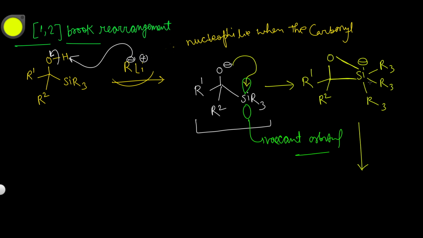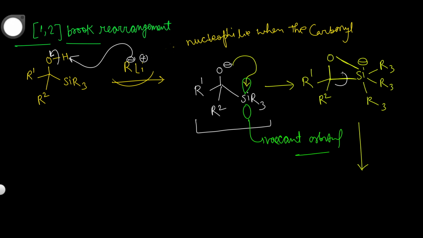Now what happened? Because the silicon gets a negative charge, it has to become stable, and since this is a three-membered ring, we have to break the ring. And how does it break? It breaks in this way. Let me show you.